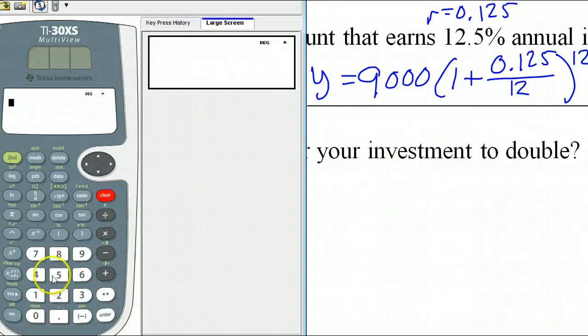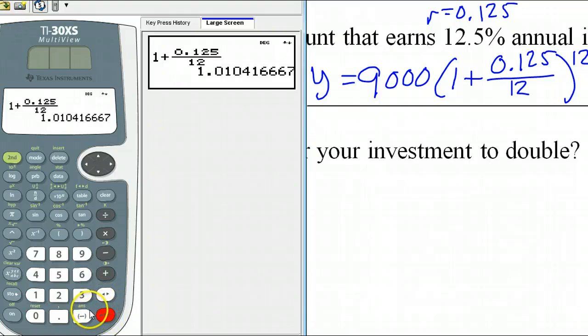If I do 1 plus 0.125 over 12, let's see what we get. That's a pretty ugly decimal. I think I will find it easier just to stick with it the way it is. You can't round it.